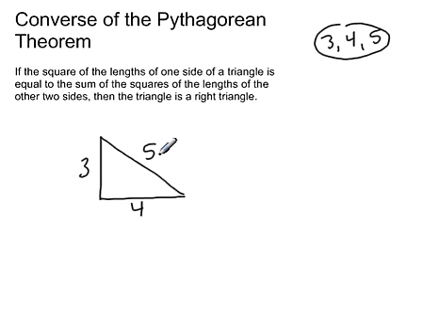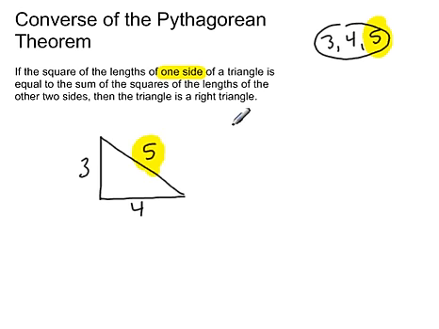If the square of the length of one side of a triangle is equal, now what do we determine to be that one side? Very similar to when we were dealing with Pythagorean triplets, whatever that longest side was, we let that be our c. We're going to do the same thing here.